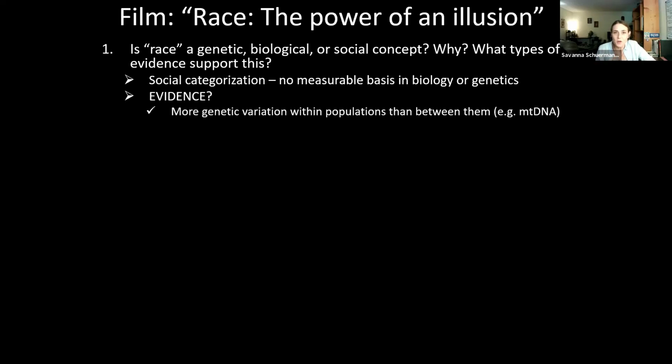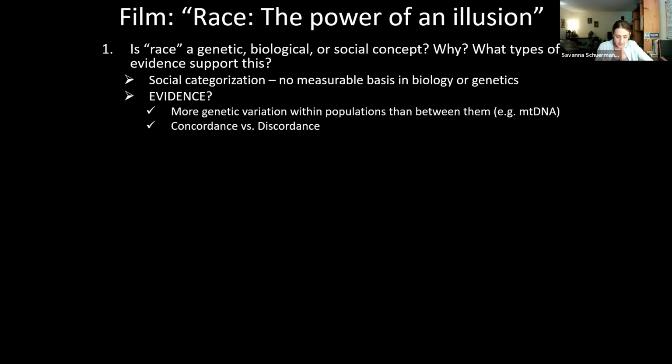The students in the film are comparing their mitochondrial DNA. And the white male says, I think I'm going to look like the other white males. Other people think they're going to look like people that share their physical traits. And that's not what they find, right? They find that it really doesn't have any bearing on it. 85% of all genetic variation is among any single population, not between two populations.